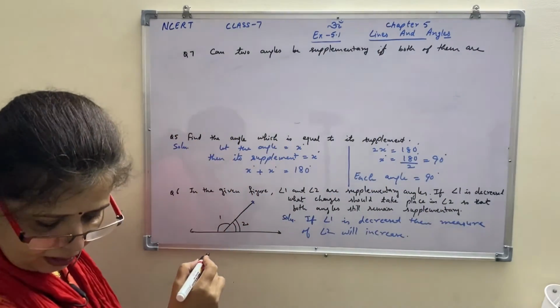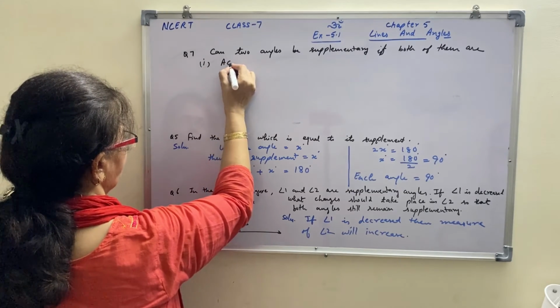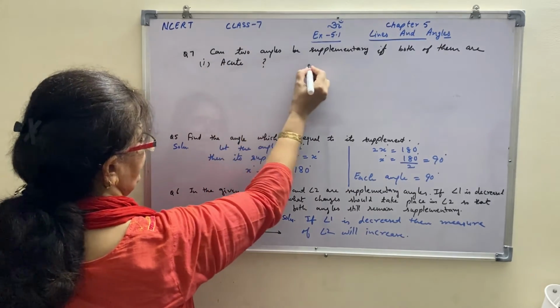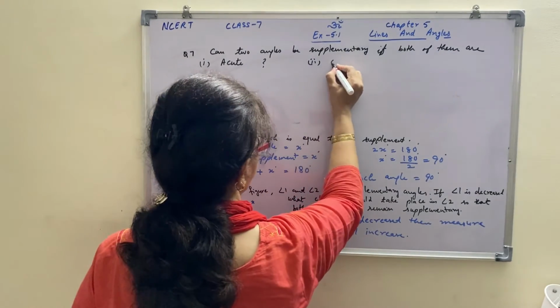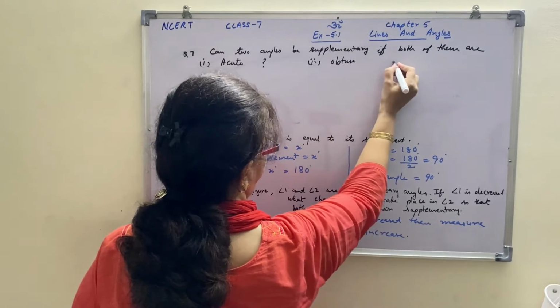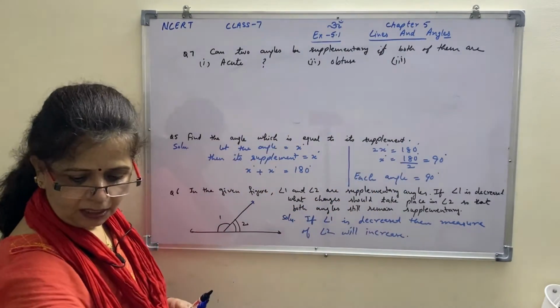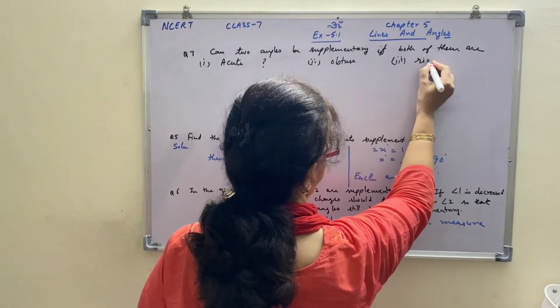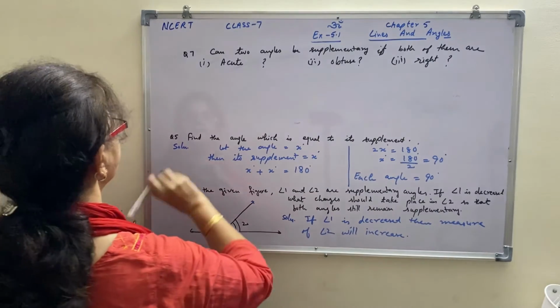Second part is if both of them are obtuse, and third part is if both of them are right. This is our question. We will answer this.